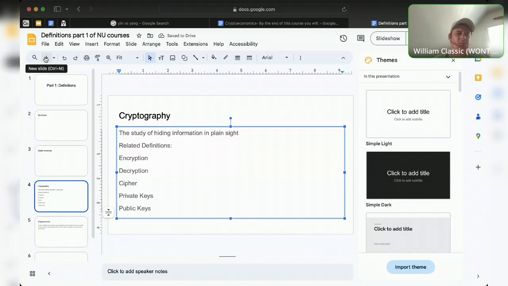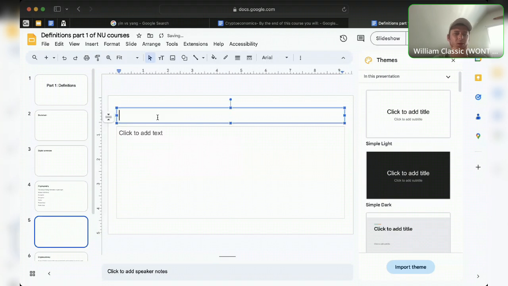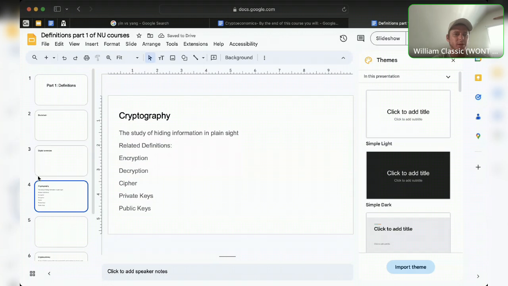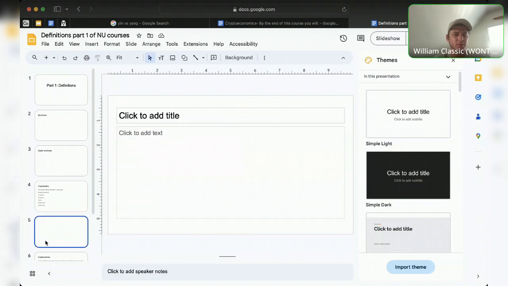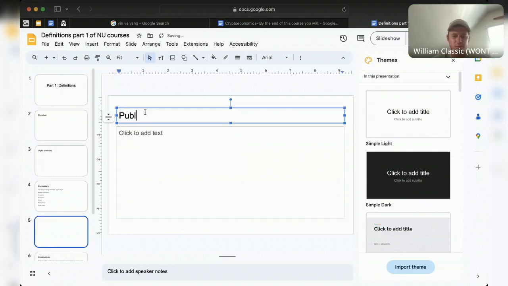Okay. See, now I need to define public key cryptography. Okay. Public key cryptography.